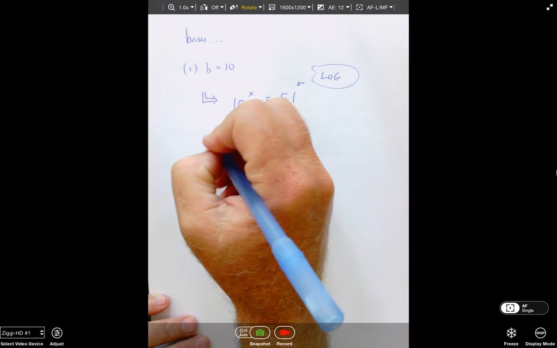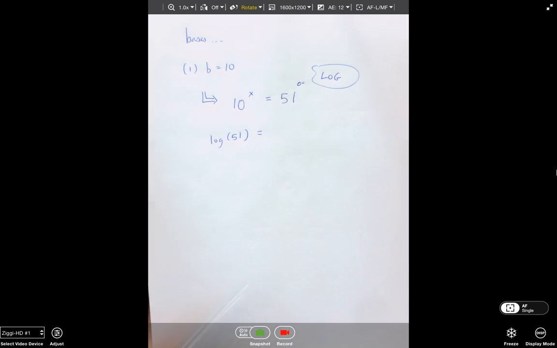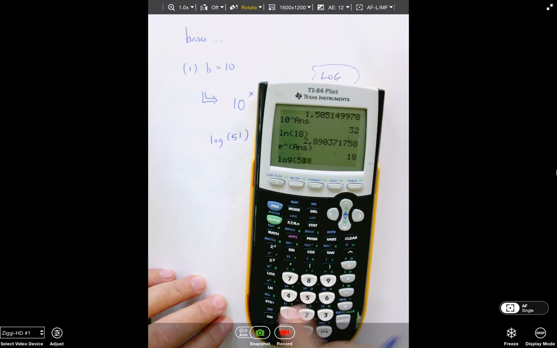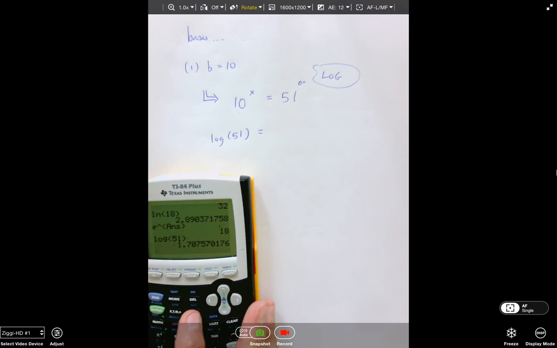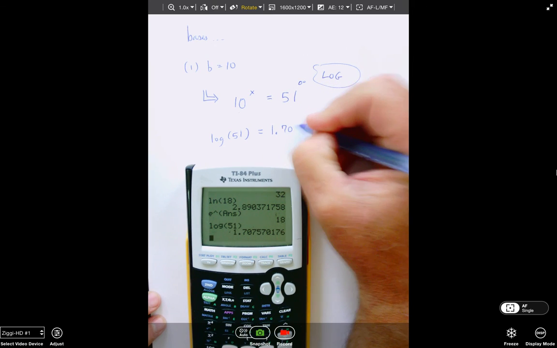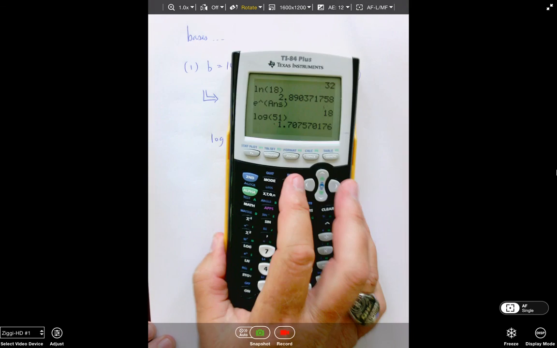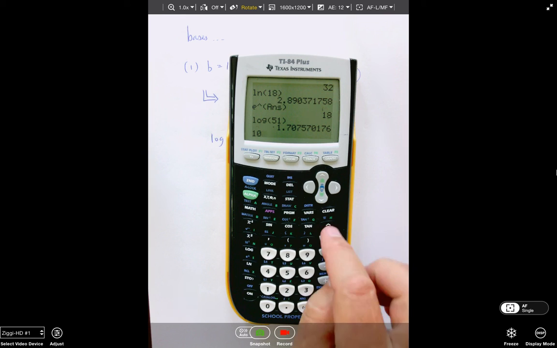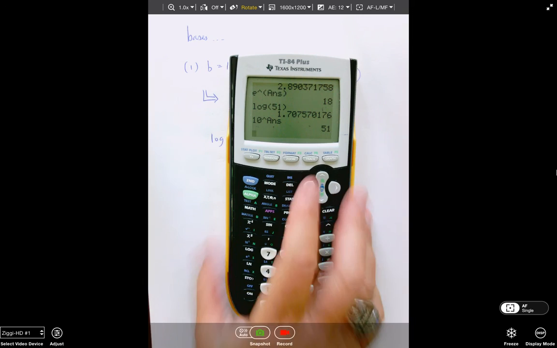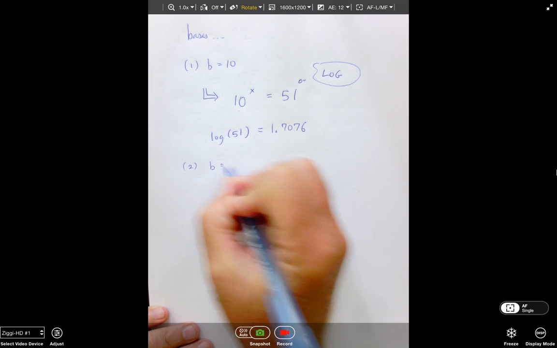So the solution is simply to put in your calculator log of 51, out to 4 places, which is usually what your MyMathLab will require you to do. So 1.7076. This is a true statement because 10 raised to that number gives you 51. The other type of problem we run into is when our base is e.